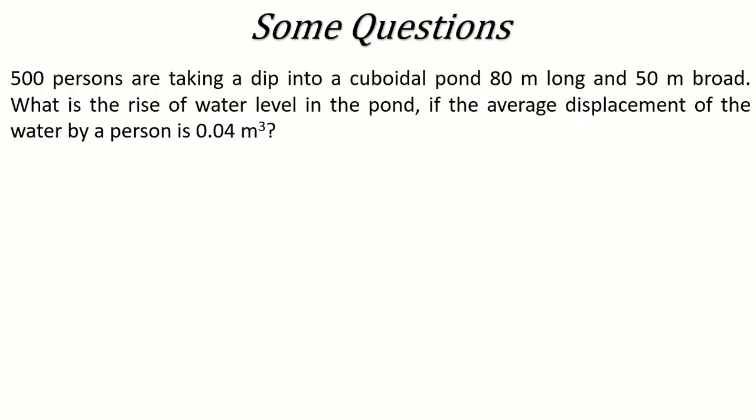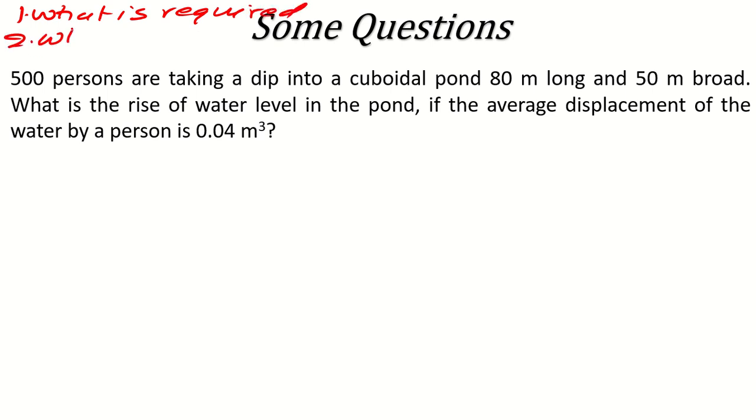Okay, now let's take some questions for practice, just for practice only. Now let's say, for example, 500 persons are taking a dip into a cuboidal pond. My dear students, any question you see, you will think about three things. First, what is required, meaning what they are asking in the question.